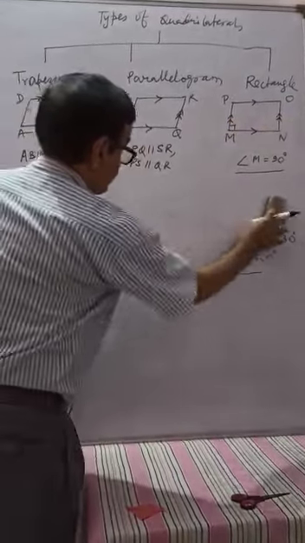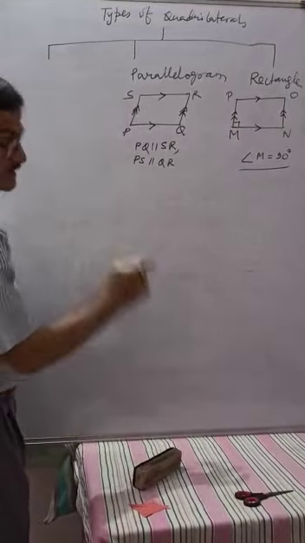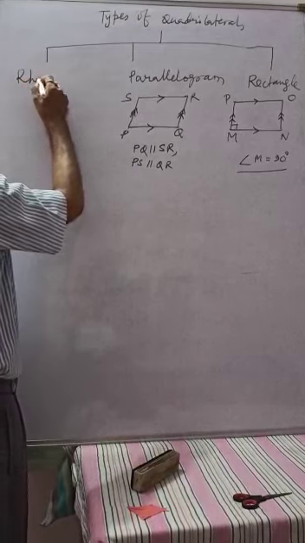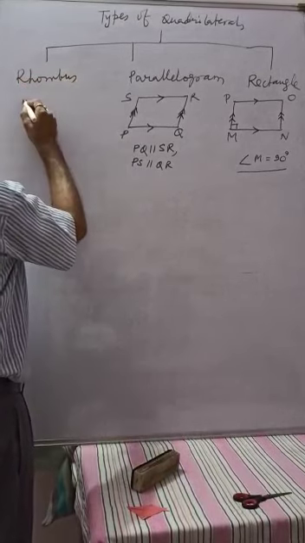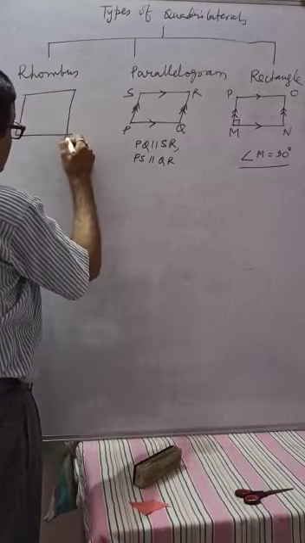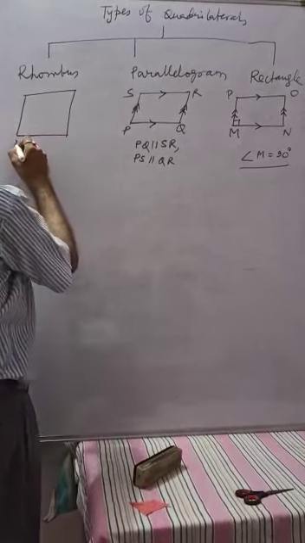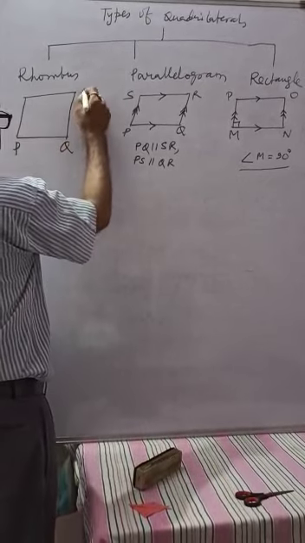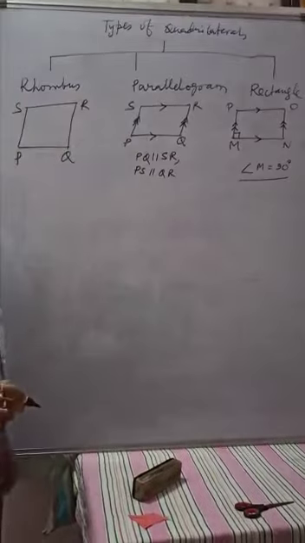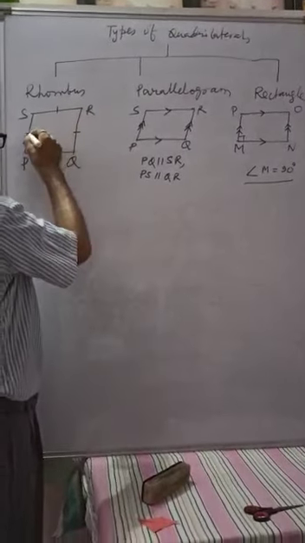And now the fourth one is rhombus. What is rhombus? Rhombus is also a parallelogram in which all sides are equal.